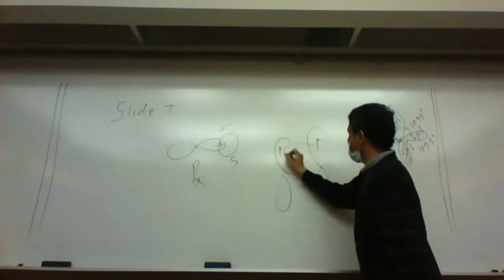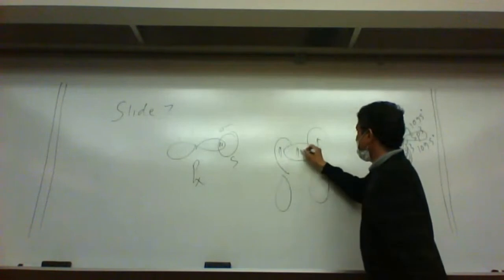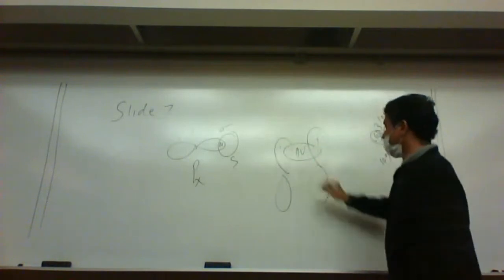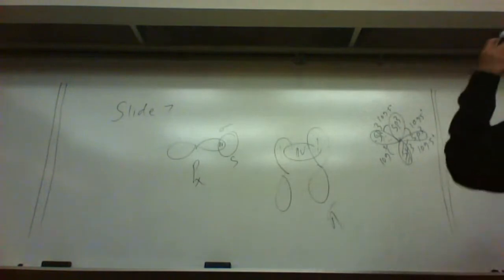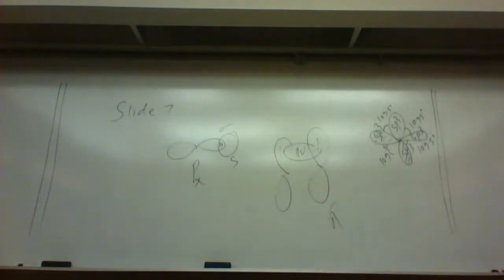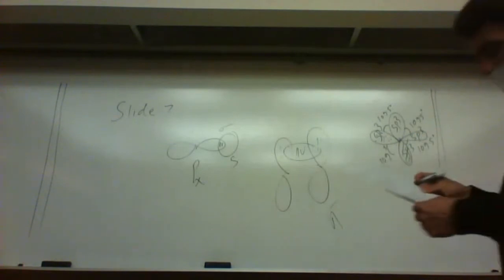These two overlap, and the electron sits here. This is called a pi bond. So if two orbitals are overlapping head-to-head, it is called sigma. If they are overlapping sidewise and the electron sits there, that's called the pi bond.